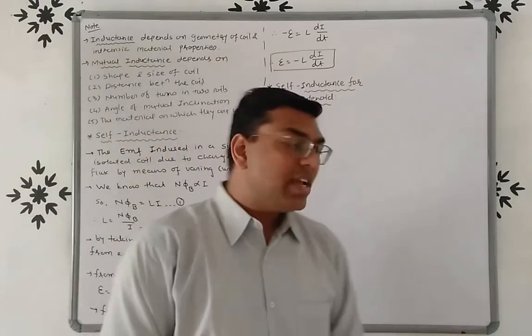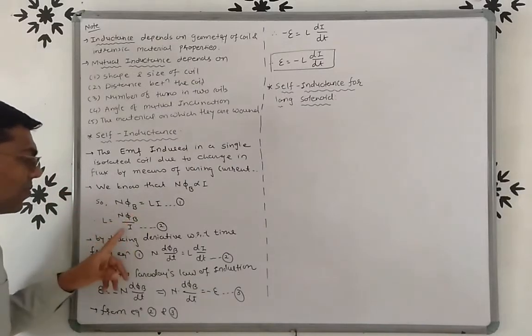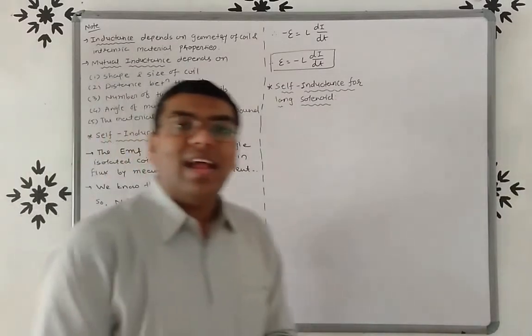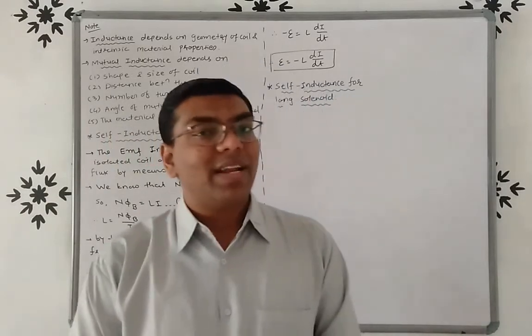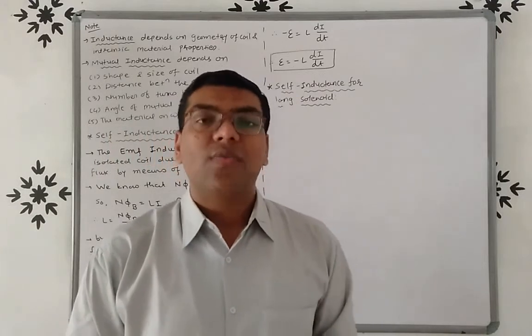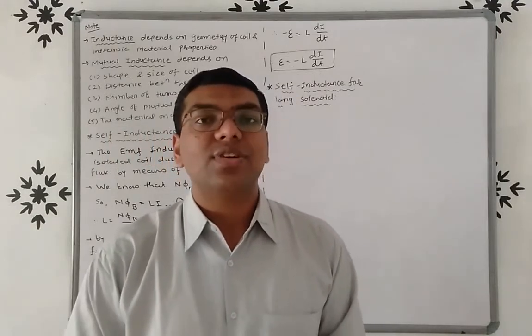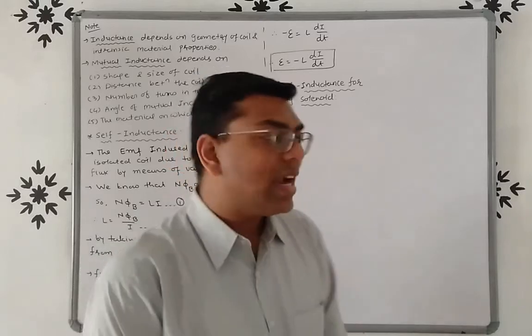We already know, friends, that self-inductance L is equal to N phi B by I. And we also know that the solenoid has N turns, and the number of turns per unit length is small n. For a solenoid, flux phi is equal to BA, where B is equal to mu 0 n I, right?